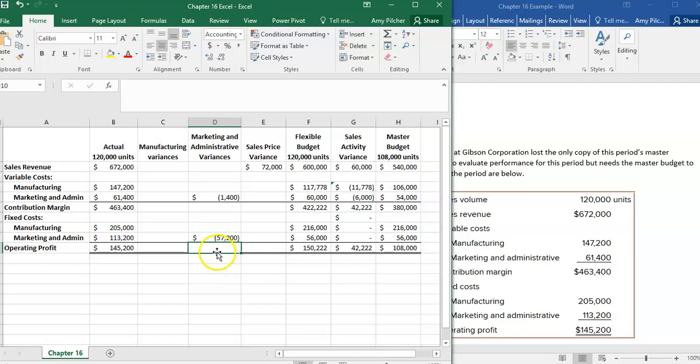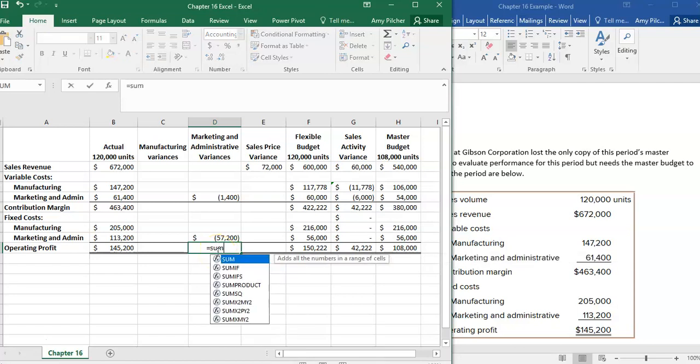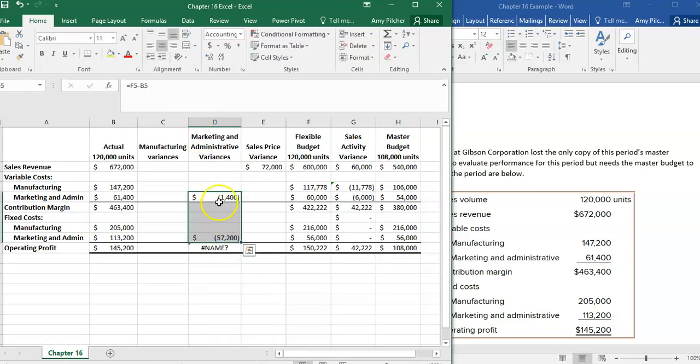If we add those together, that gives us an unfavorable total marketing and administrative variance, $58,600 unfavorable.